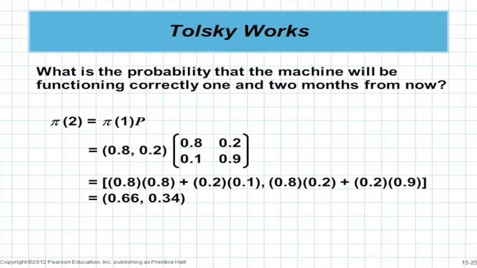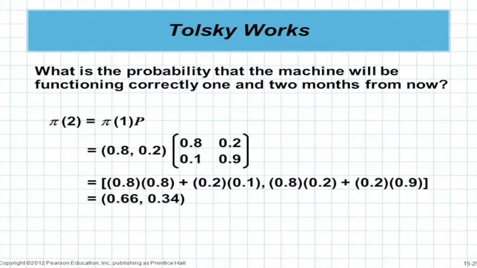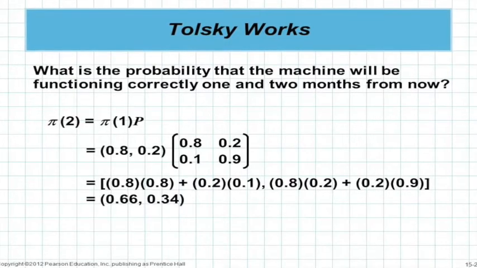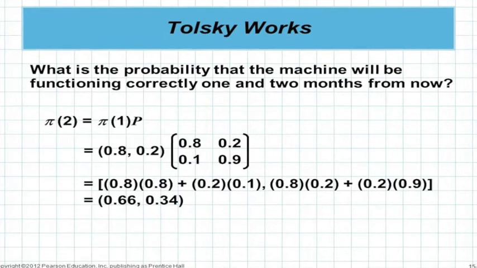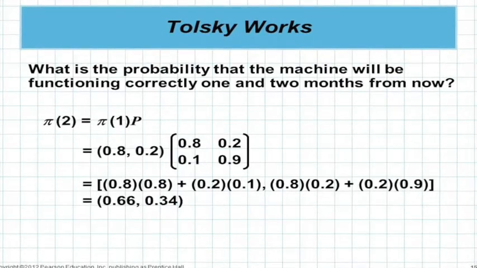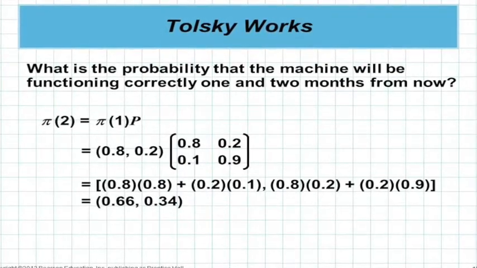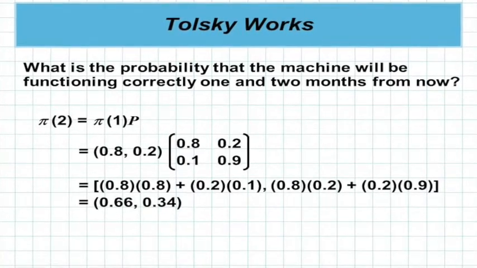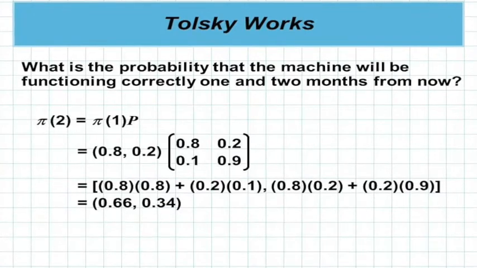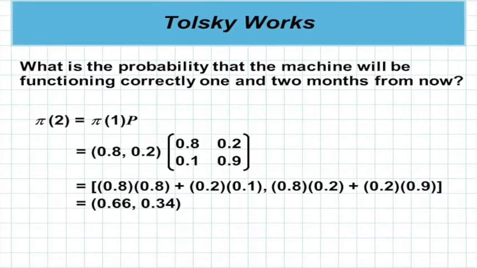Look at the calculations. P2 equals P1 times P, then substitute the numbers: 0.8 and 0.2 multiplied by the matrix 0.8, 0.2, 0.1, 0.9.